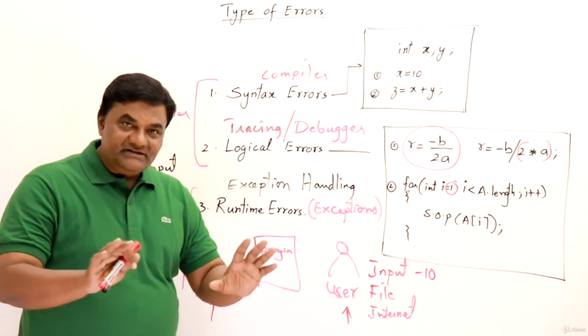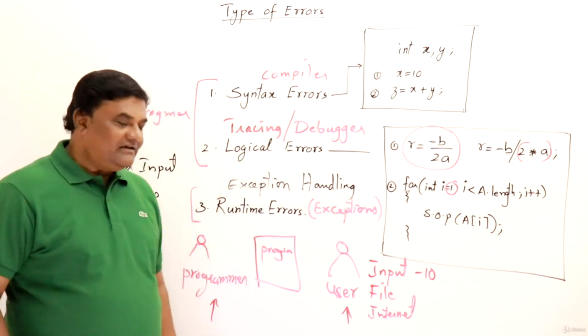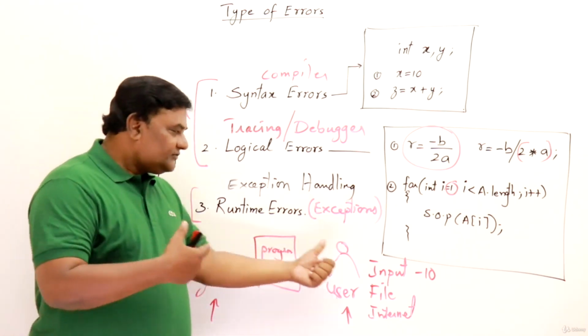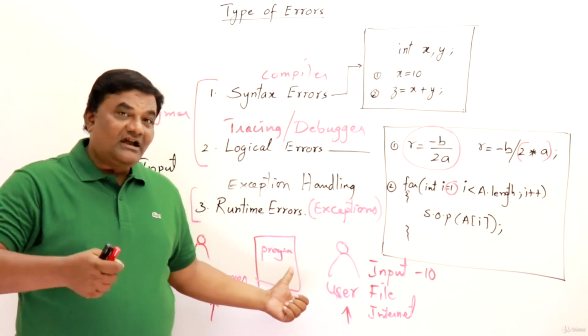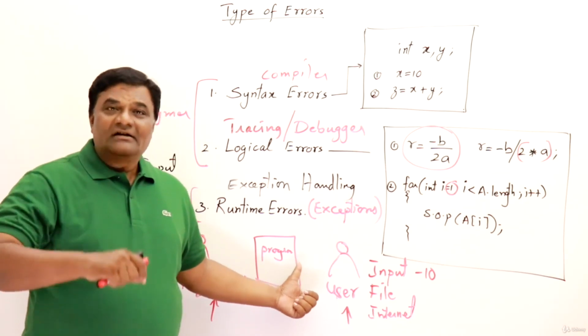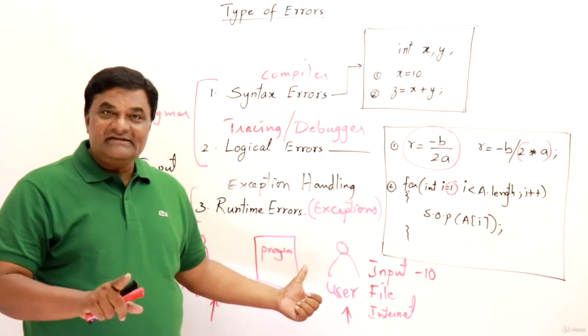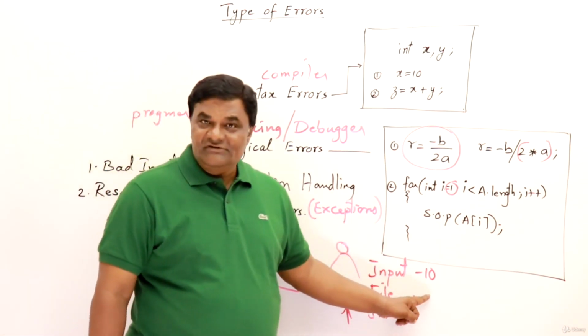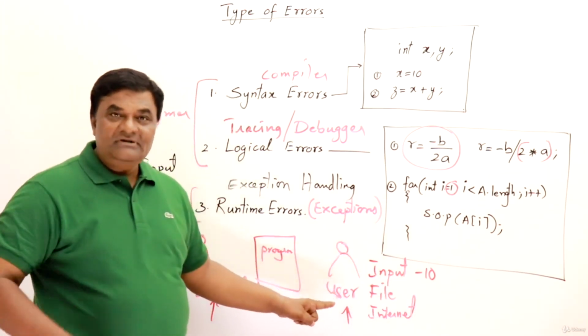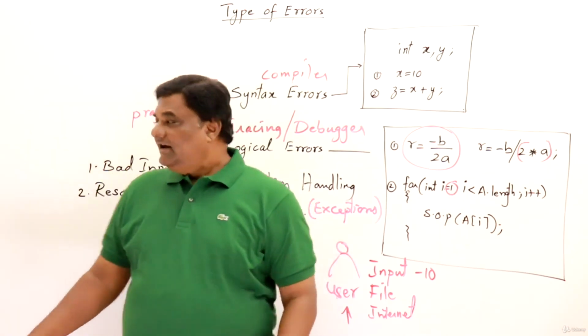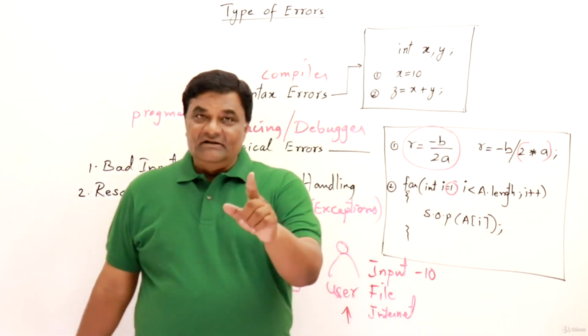But listen once again. I am reframing it. As a programmer, I am writing a program, giving it to the user and saying that my program is perfect, it gives correct results, except in the cases where you are giving negative values or the files are not available, or the internet connection is not available, meaning input is not given properly and the resources are not properly given.